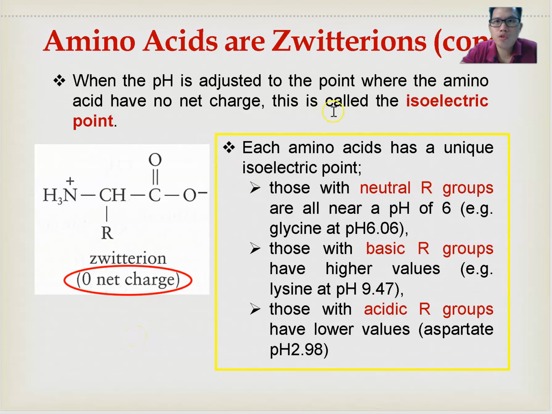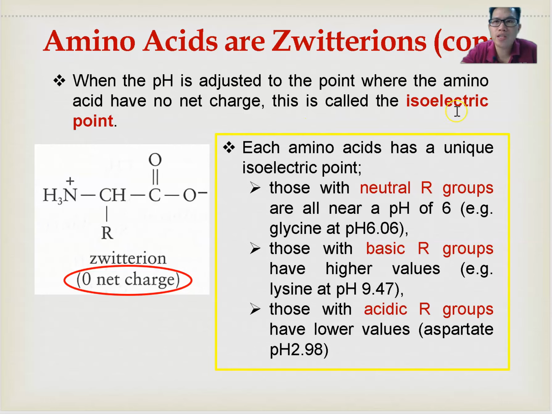When the pH is at the point where the amino acid has no net charge, this is what we call the isoelectric point. So always remember, no net charge doesn't mean no charge. No net charge means there is charge, but it neutralizes because there is an equal amount of positive and negative charge, so there's no net charge.